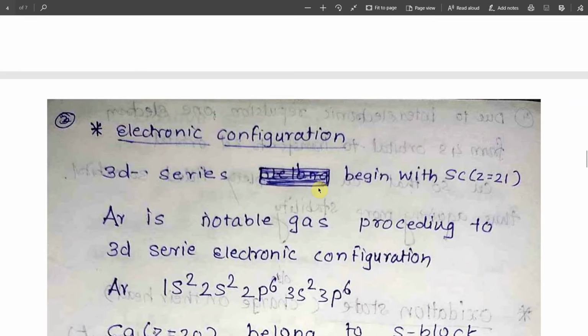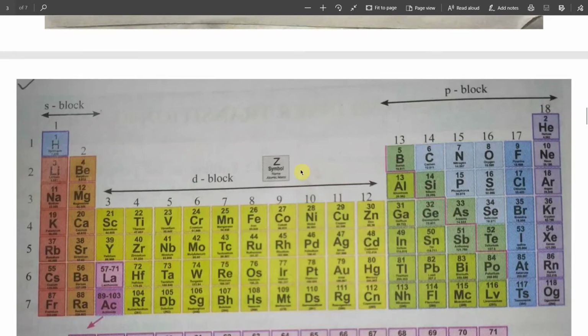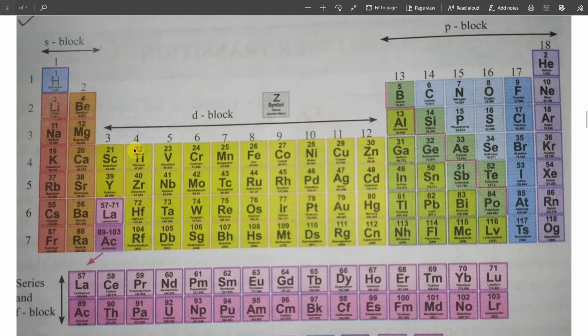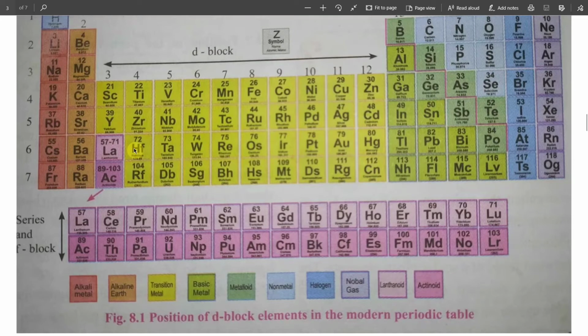Next point is the electronic configuration of the 3d series. The 3d series begins with the element scandium.